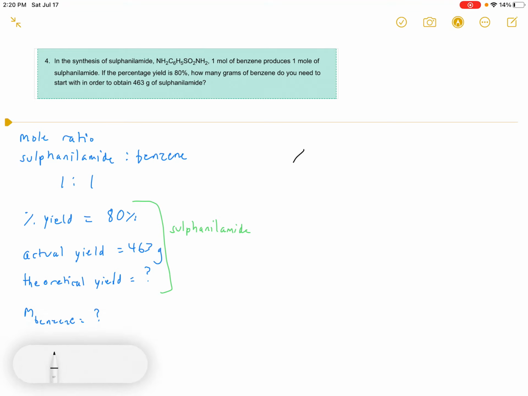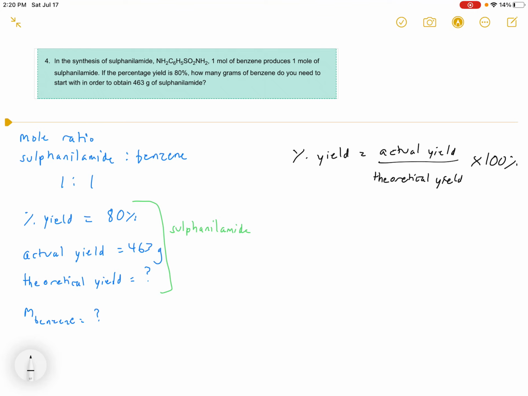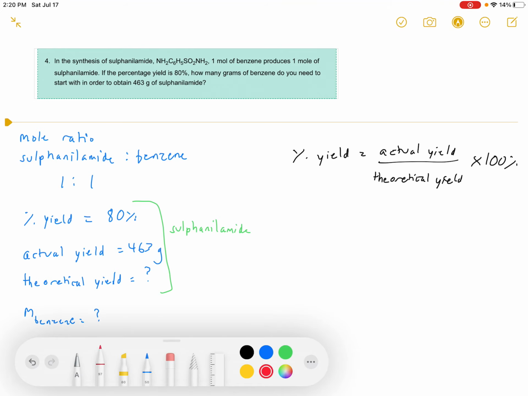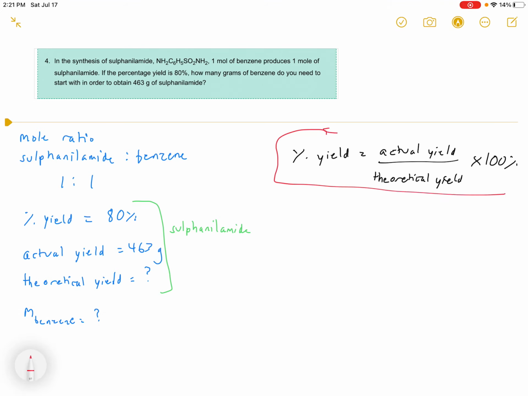So we know that the formula, and again, if you don't have this written down in your notes, you should have this written down. We know that percent yield equals actual yield divided by theoretical yield times 100%. All right, so that is a formula which is really, really good to write down.